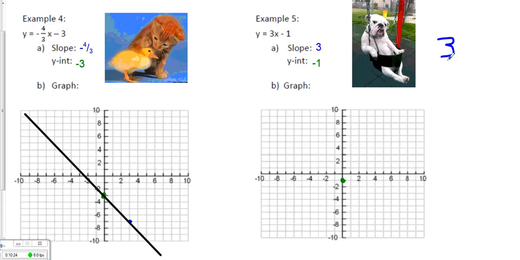Instead of 3, we'll call it 3 over 1, because 3 is the same as 3 over 1. That tells us go up 3, 1, 2, 3, and over 1. So there's the next spot. If it helps, we can make a couple more points: 1, 2, 3, over 1, 1, 2, 3, over 1. That might help us in making our line. It'll go like that. So this is our line for y equals 3x minus 1.